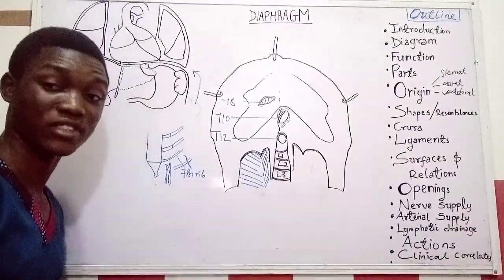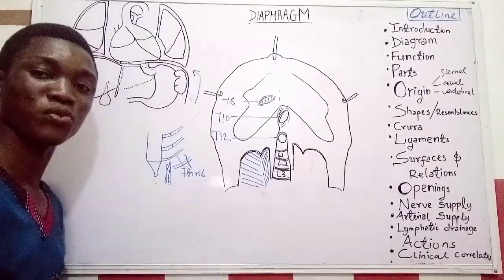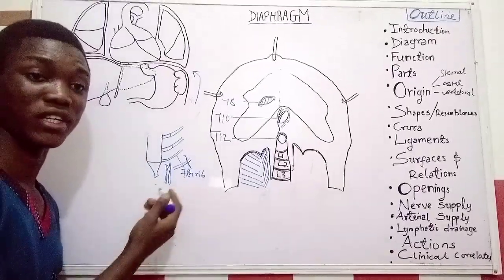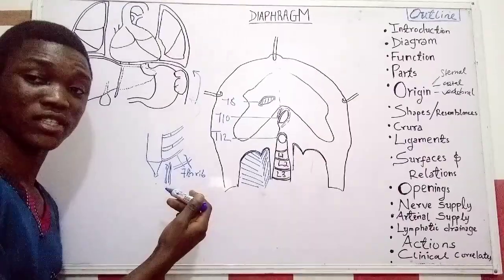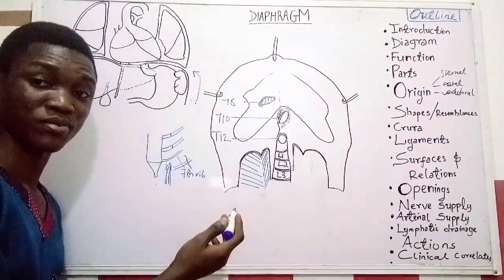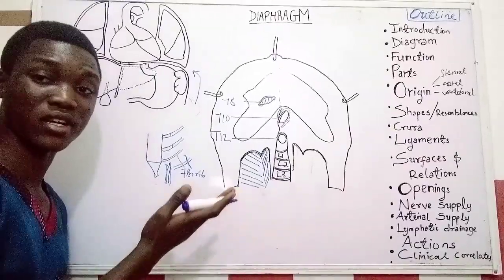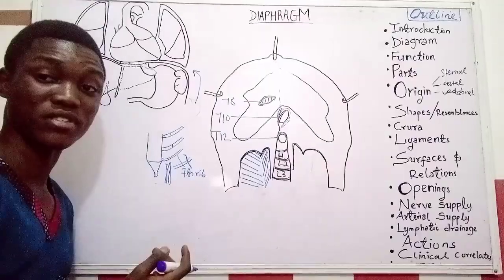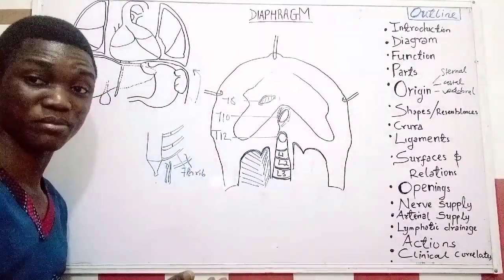Take note of the internal thoracic vessel. So within the intercostal spaces, which are located between two ribs, we have the intercostal vessels and nerves passing through them.